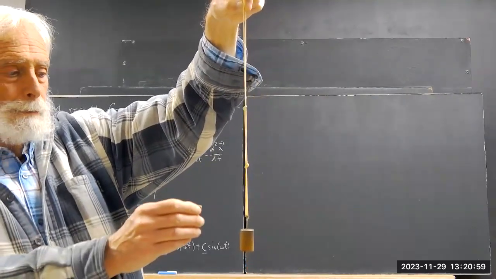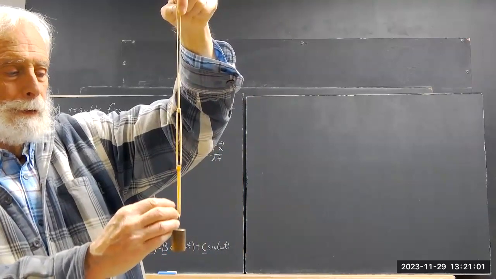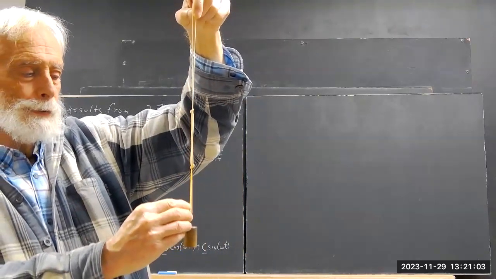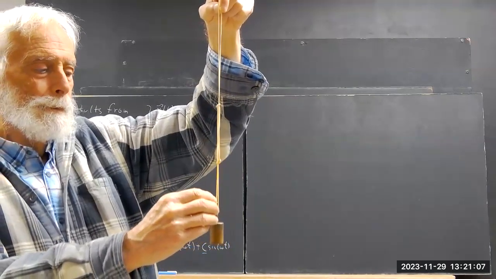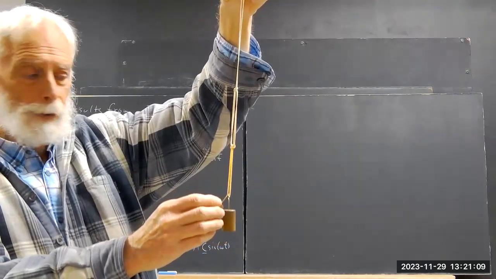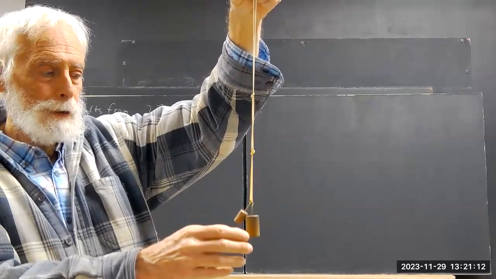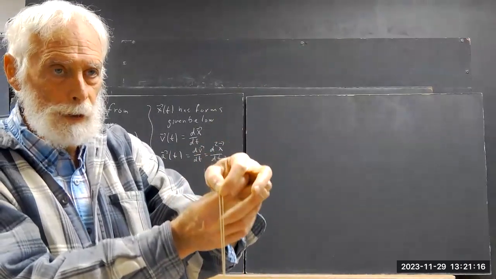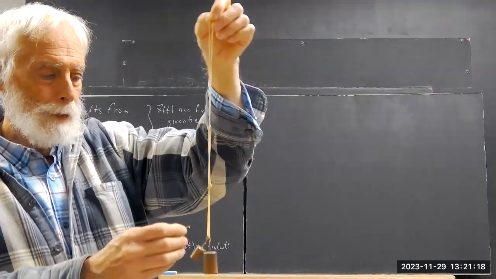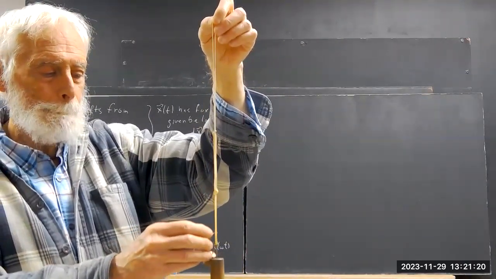I add a known mass, I think that's 20 grams, and this thing gets a little bit longer. And I add 20 more grams, and it gets a little longer than that.